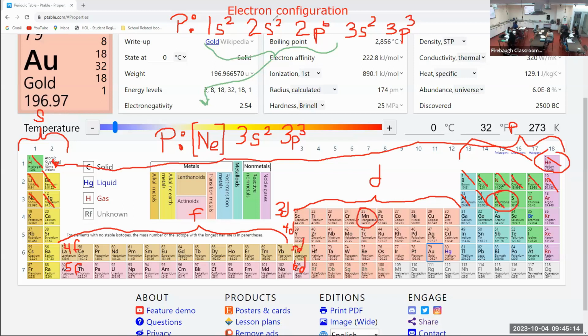So what I want you guys to do is give me the long version for manganese. I'm going to erase what I've done. Everybody got down what I did? I want you to give me the long version of manganese, and then we'll go through it together.